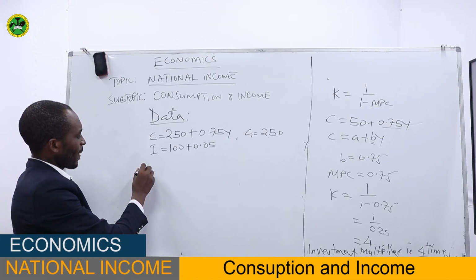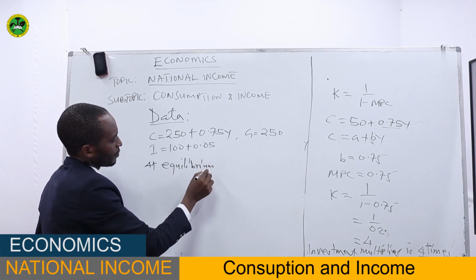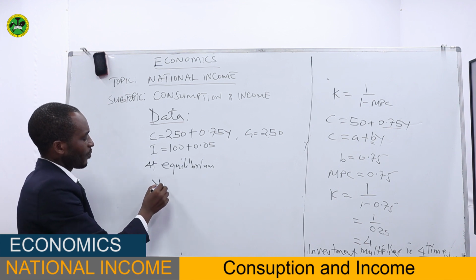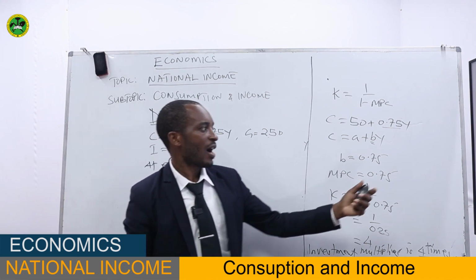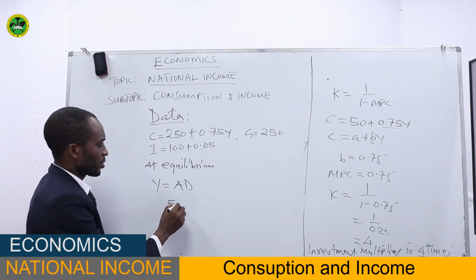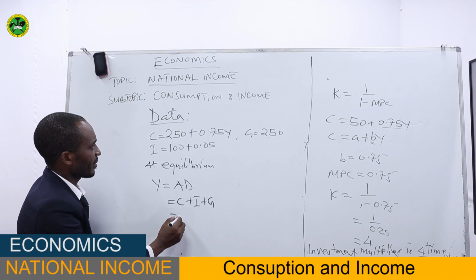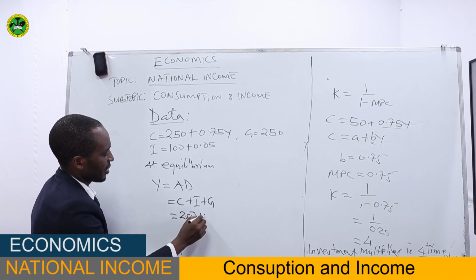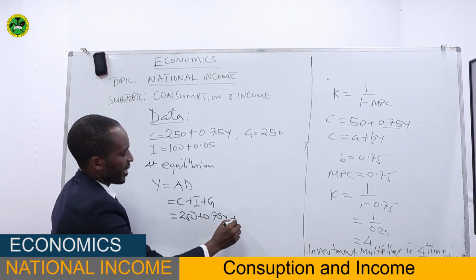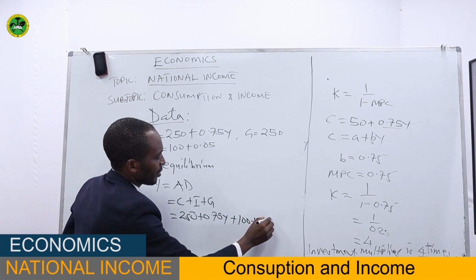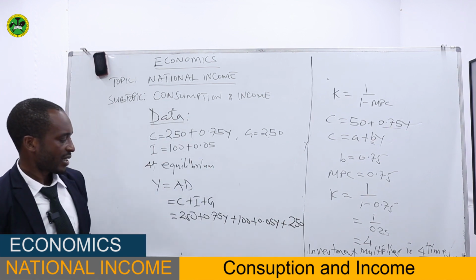Recall that at equilibrium, national income is equal to aggregate demand. Now if our economy has three sectors, the aggregate demand will be equal to C plus I plus G, which is 250 plus 0.75Y, plus 100 plus 0.05Y, plus 250.